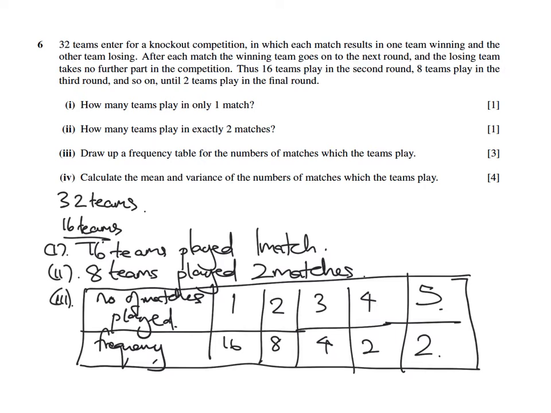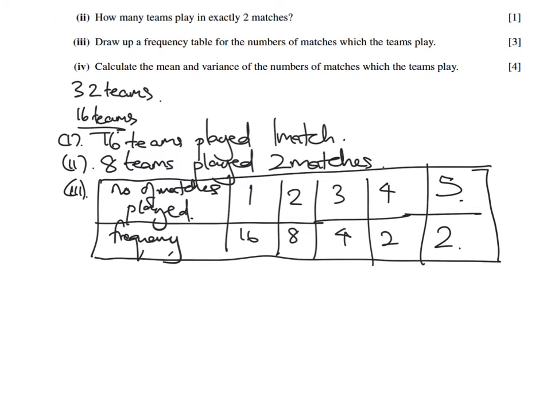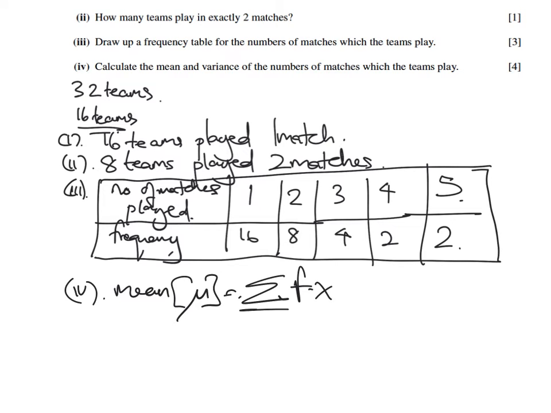Okay, next, calculate the mean and variance of the number of matches which the team plays. So okay, mean, formula for mean, mu equals the summation of f multiplied by x divided by the total frequency, which is n.